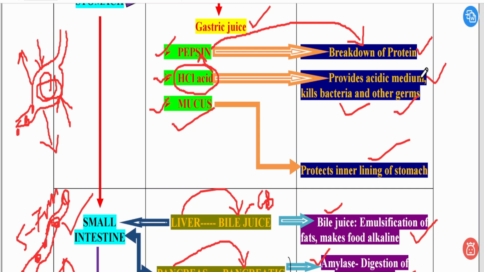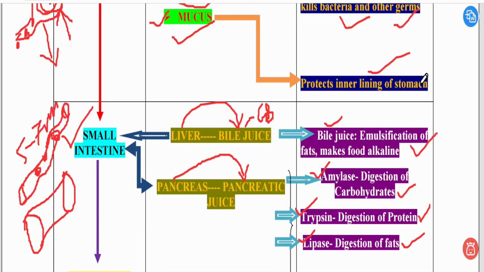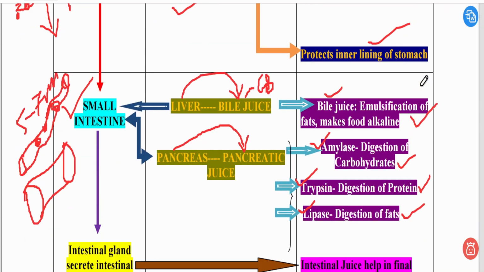But some protein molecules are left to be digested. Here the trypsin helps digest the latter part. Now the digestion of carbohydrates will take place with the help of amylase. Then digestion of fats will be done by lipase.